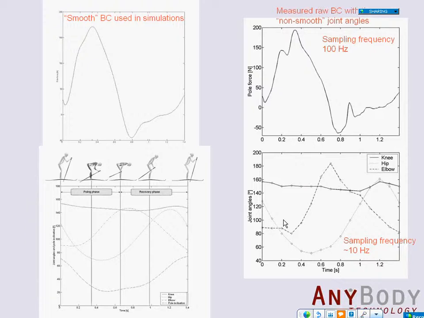And also it's a factor of 10 mismatch in the sample frequency, as I said earlier. With pole force I had a sampling frequency of 100 Hz, and on the motion data about 10 Hz.